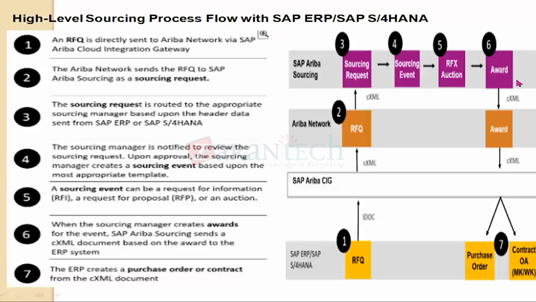Based on the selection, that information comes back to your CIG, and via CIG it creates the purchase order or contract in the SAP ERP system. So this is the kind of process you may expect to design if your customer is implementing only the Ariba sourcing module and has SAP ERP as the backend system.